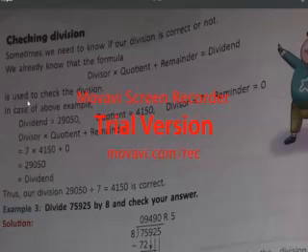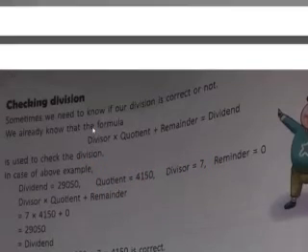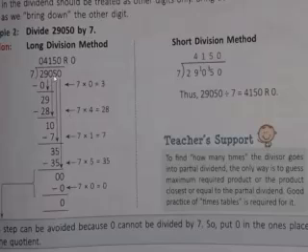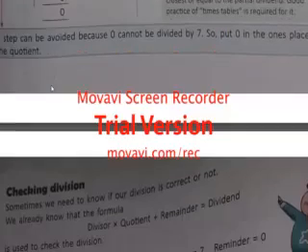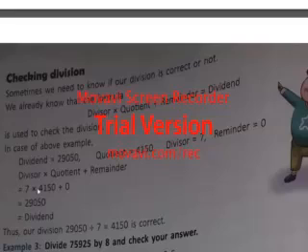Let us use the above example to check the division. When we divided 29,050 by 7, we got 4,150, so the quotient is 4,150. You can see over here divisor 7 into quotient 4,150, and the remainder was 0, so plus 0 has been written.